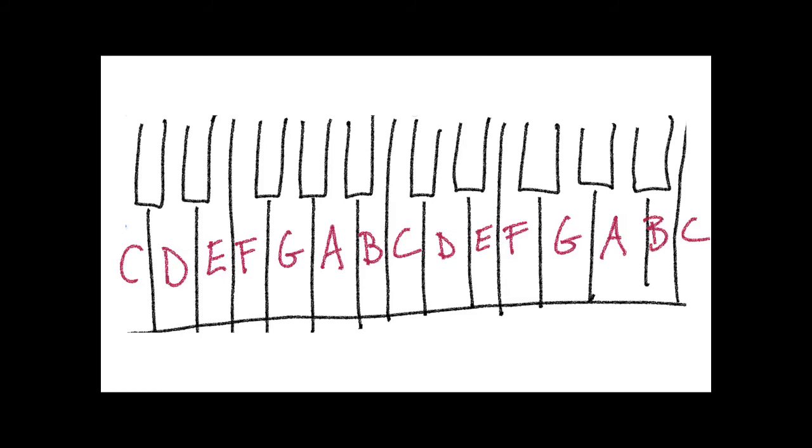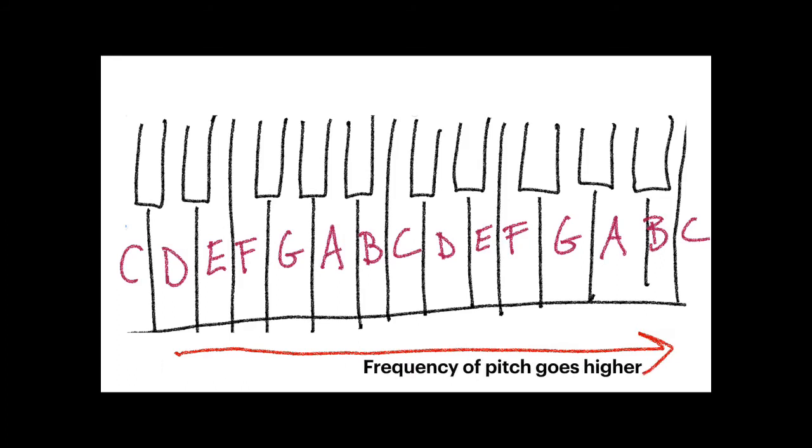C, D, E, F, G, A, B, C, and so on. As we move from left to right, the frequency of the pitch goes higher. Listen to how this sounds, only playing the white keys.